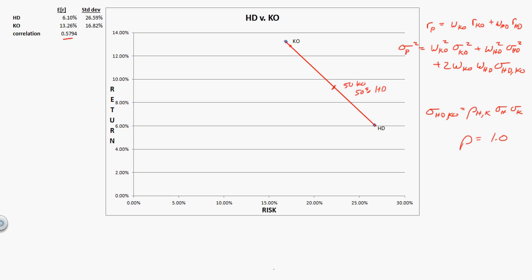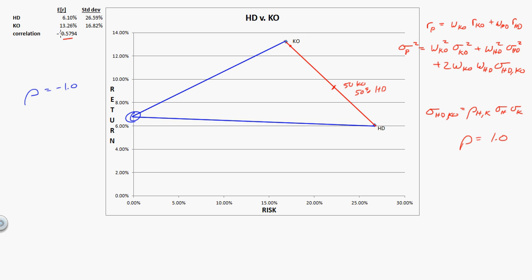If the correlation was equal to -1, this is not going to be perfectly drawn, I'm just eyeballing it, it would be something like this. So if correlation were -1, I could completely eliminate risk with the appropriate weights. So I'd figure out what that weight is, I could eliminate those two.